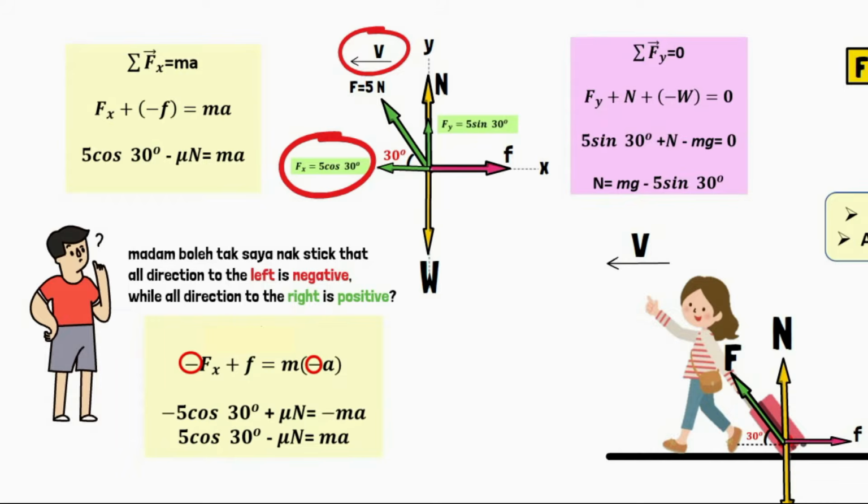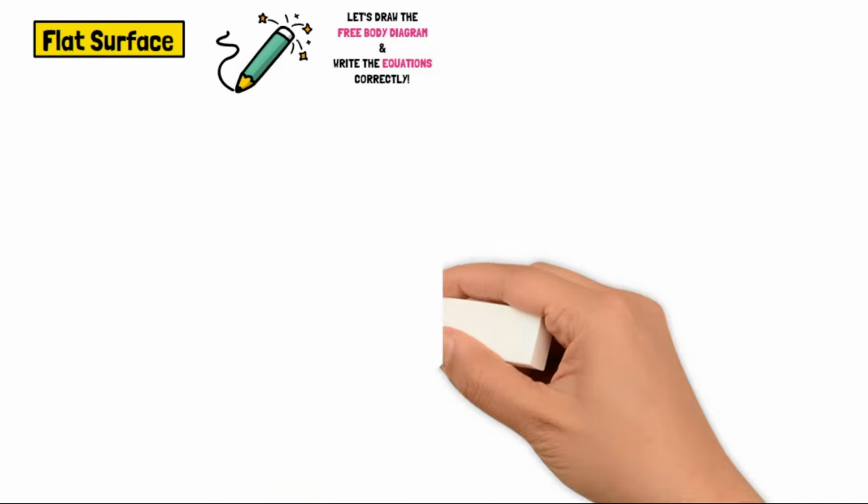So kita akan tulis Fy plus N plus negative W equal to 0. Jangan lupa gantikan semua nilai dengan betul dan pastikan equation kita betul.